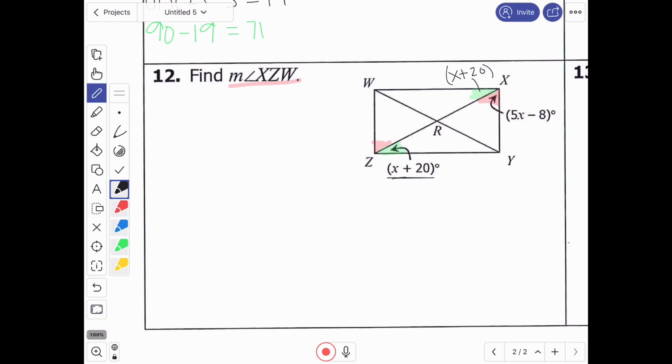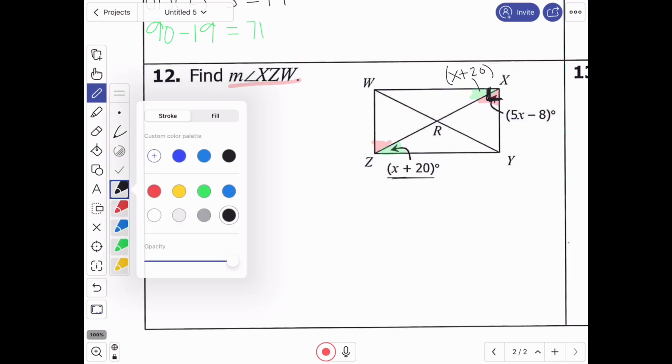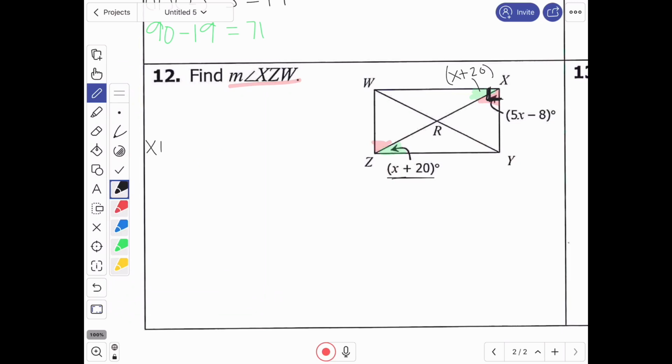Now looking at this green and red angle, that's making up one of these right angles in this triangle. Or not triangle, this is a rectangle. It's making up that right angle in this rectangle. So if I take this angle plus this angle and set it equal to 90, I could solve for x. So I'm going to have x plus 20 plus 5x minus 8 equals 90.